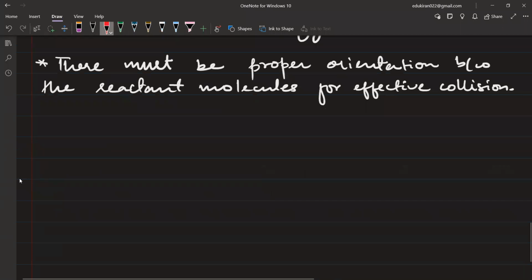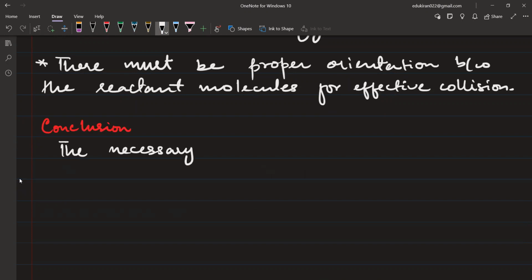Now write a conclusion. The necessary condition for effective collision.